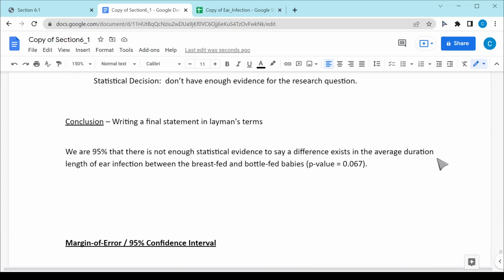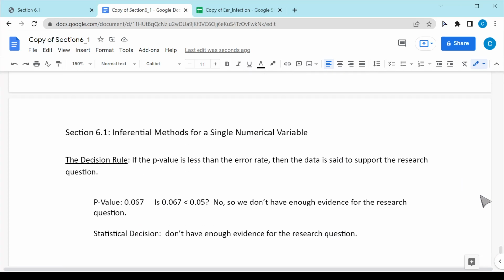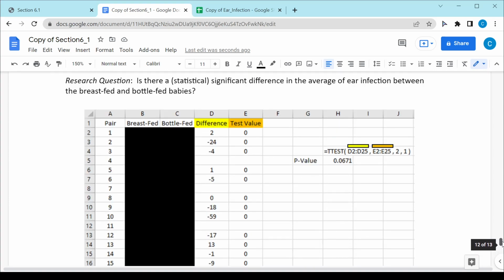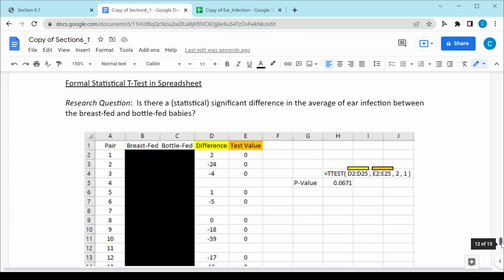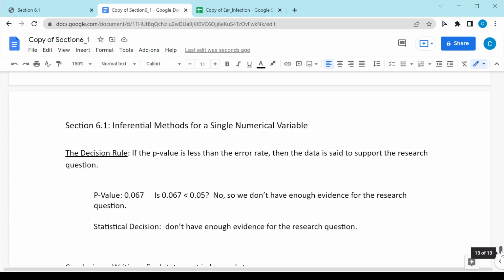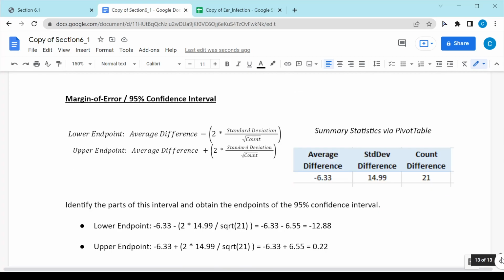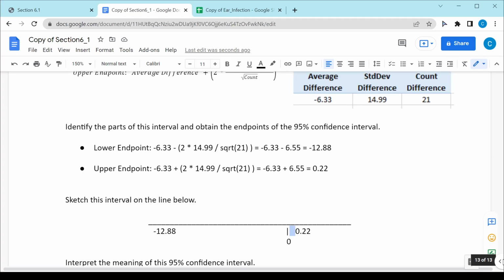Now, what did we do here? How did we compute our differences? So let's go back and look at how these differences were computed. They were computed as breastfed minus bottle-fed. So a negative means breastfed is going to be lower.